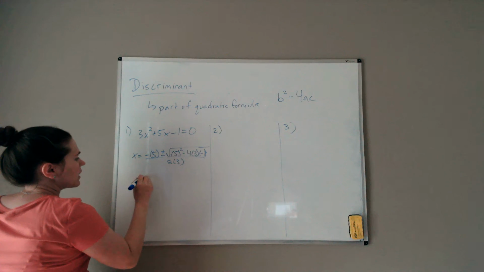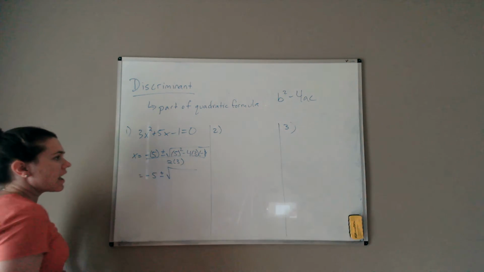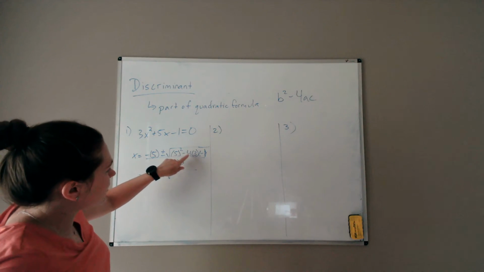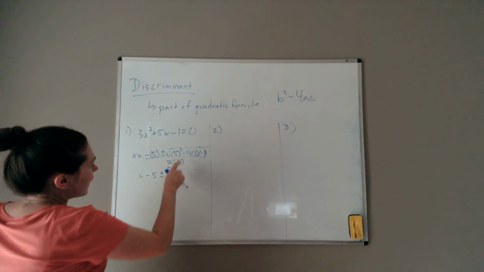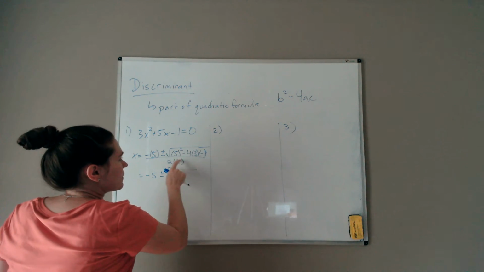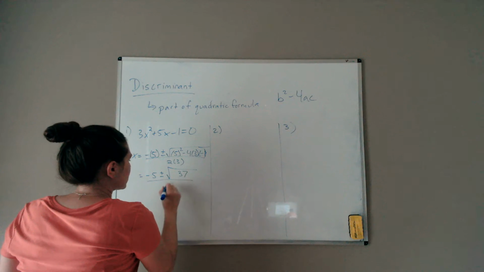So that's going to be negative 5 plus or minus the square root of, and now this 5 squared minus 4 times 3 times negative 1, that's the discriminant. So right now, you should be getting the value of the discriminant. 25 plus 12, that's going to be 37 over 6.